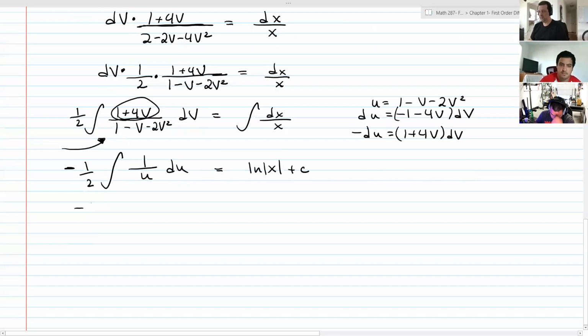So this then gives me negative 1/2 the natural log of 1 minus v minus 2v squared equals the natural log of x plus c.